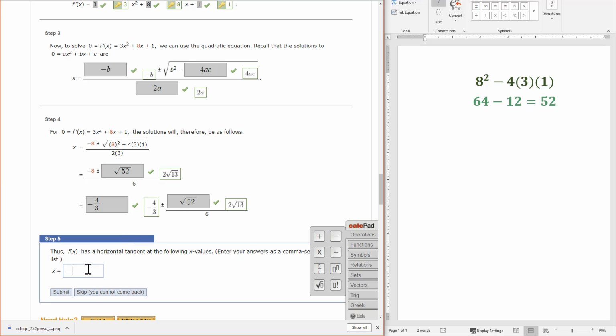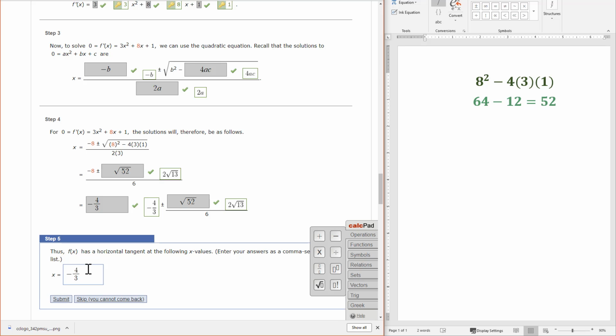So we have negative 4/3 minus the square root of 52 divided by 6, and then we put a comma in between, and then we have another negative 4/3, but this time a plus, and then the square root of 52 divided by 6.